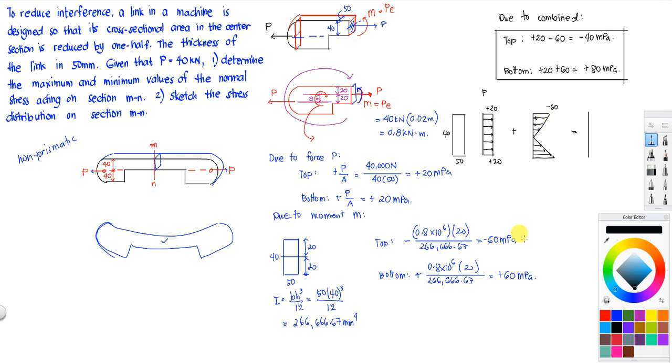What does it mean? So, still, it is in compression. Okay? And then, pagdating doon, kaya lang, we can have it here. Maliit na lang siya. So, that is negative 40. Yung isa malaki, no? So, you can have, ayan, parang doble eh. So, positive 80.